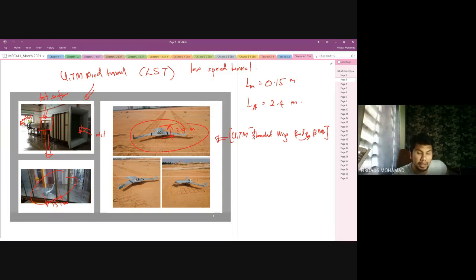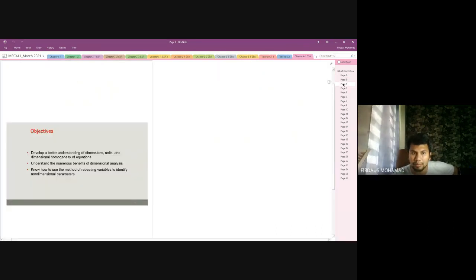Yang ni untuk blended wing body, dia blended antara body dengan wing. Maknanya body ni pun akan boleh produce lift. So that's why lift to drag ratio untuk this type of aircraft is very high. Okay, boleh? So this is just some overview about the wind tunnel dengan model.